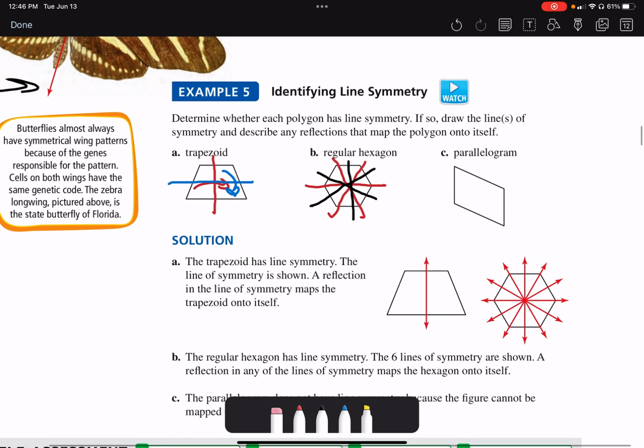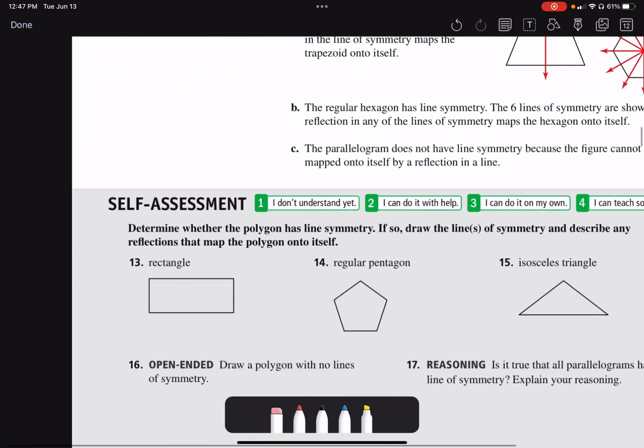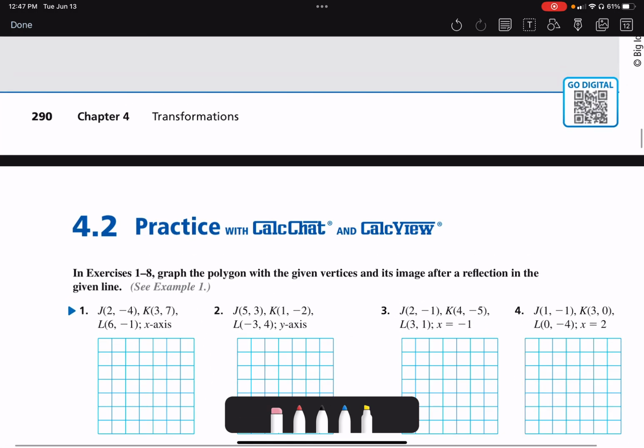So it has 6 lines of symmetry for that regular hexagon. Finally, our parallelogram, no, it doesn't, right? We can't really flip this over here. That doesn't work. If we tried right here, that doesn't work. C, our parallelogram does not have line symmetry. All right, that's it for 4.2.